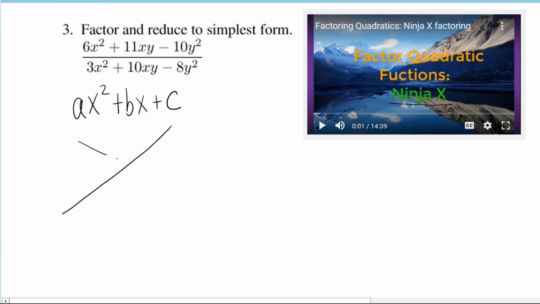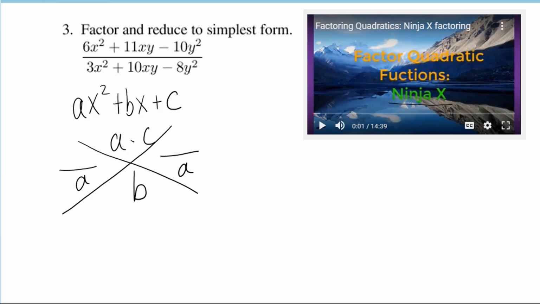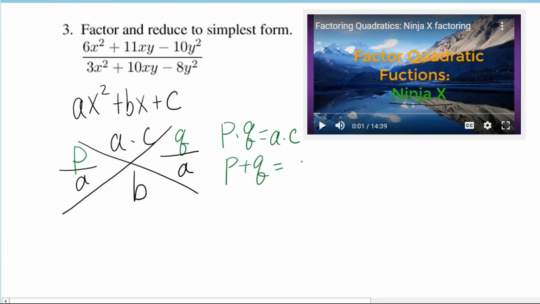We will set up this way. A times c, then here's a b over a and over a. We try to look for two factors, p and q, so that p times q equals a times c, and p plus q equals b.